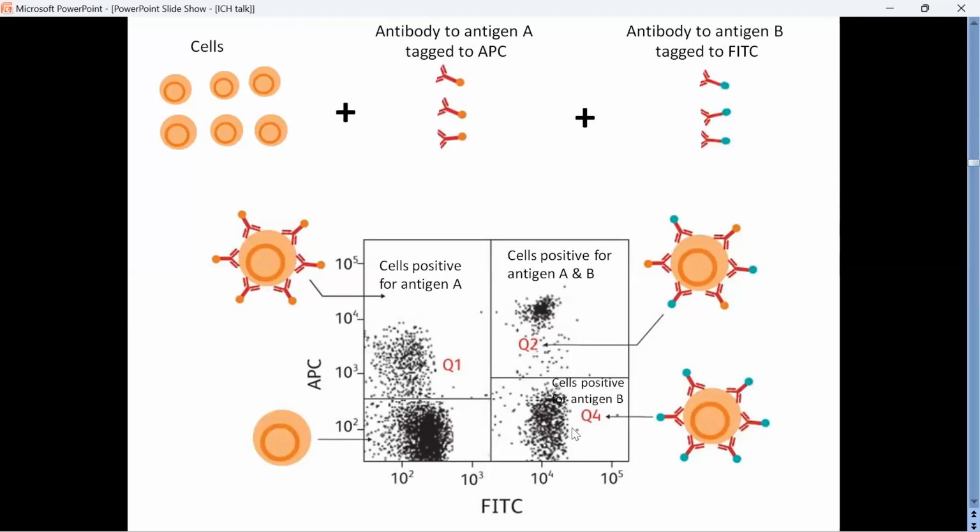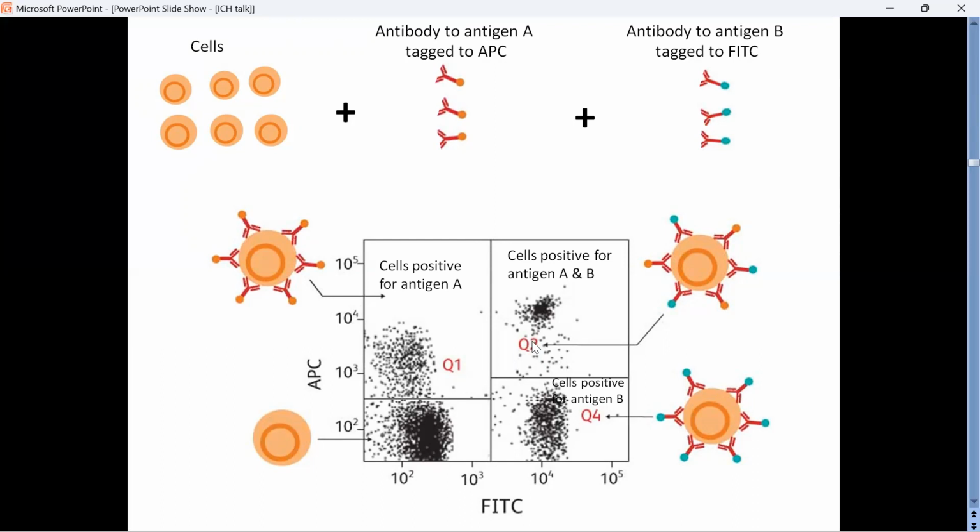So these are CD8 positive cells. Cells falling in the top left corner are positive only for CD4, which is APC. Cells falling in the lower left quadrant are negative for both CD4 and CD8.